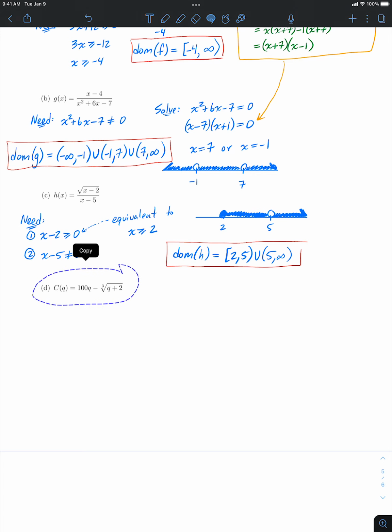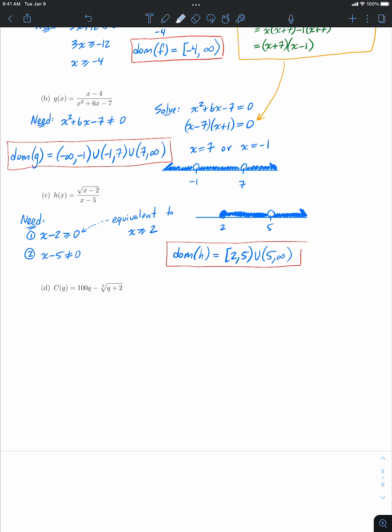Are there any restrictions? Start with the first term. We've got 100 multiplied by q. Well, that's no problem. Or pardon me, you can multiply any number by 100. So it doesn't matter what q is there. What else do we have? If I look inside this radical, I have q plus 2. So, okay, add 2 to any number. That's no problem. You can add 2 always.